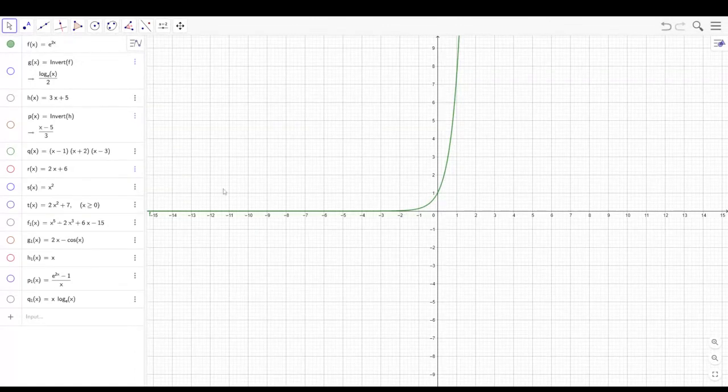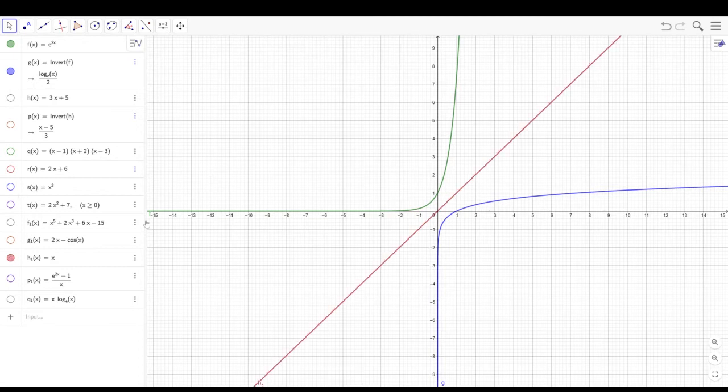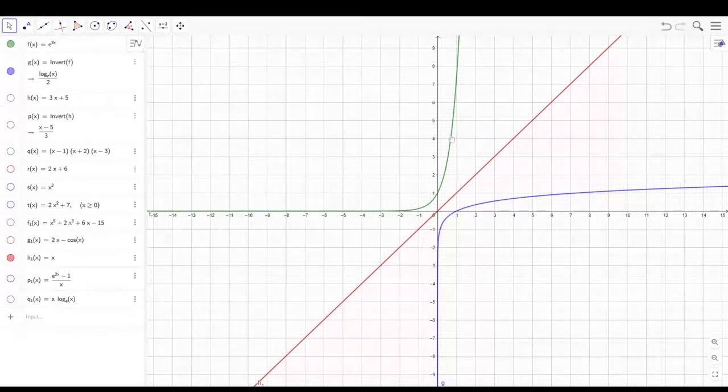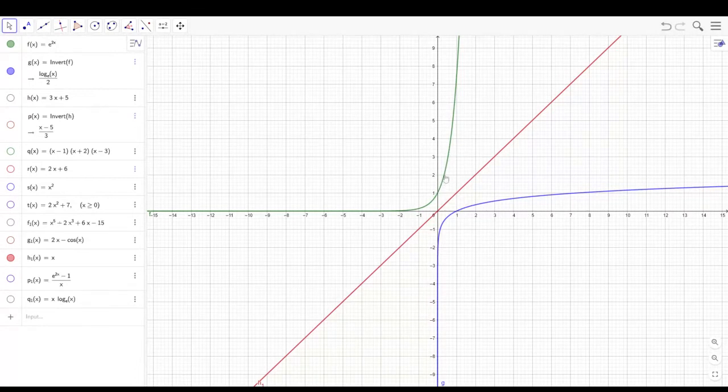All right, so there's e to the x. There's the function that we just calculated, and hopefully you can see there's a nice symmetry there. That's the line y equals x, and the green curve is reflected in the red line to get the blue curve. So when you're trying to draw, or even just have some idea of what the inverse looks like, you can always plot the function and reflect it in the line y equals x.